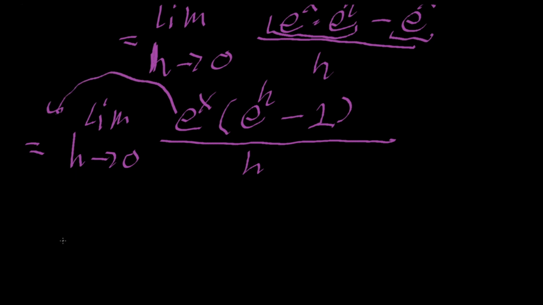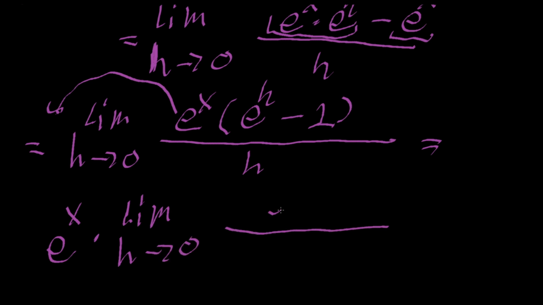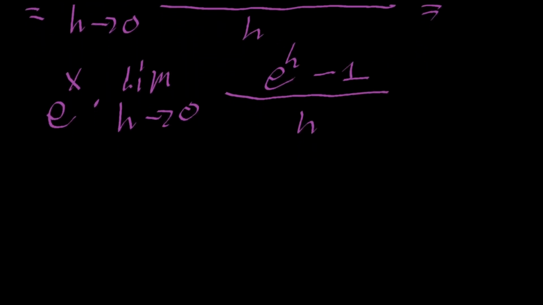So this is equal to e to the power of x multiplied by the limit as h is approaching 0 of e to the power of h minus 1 all over h. And the easiest way to proceed from here, in my opinion, is via substitution.